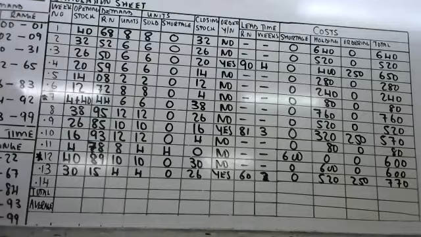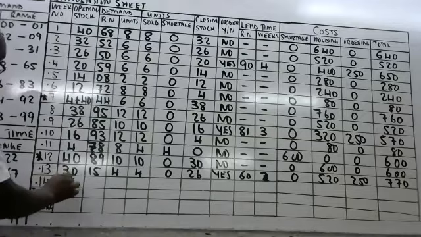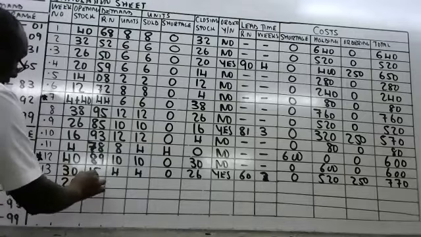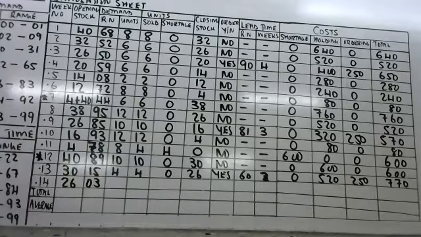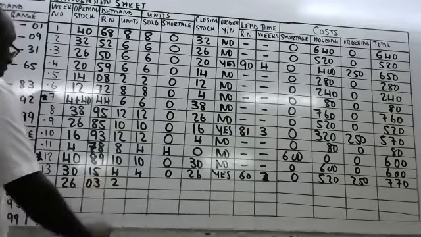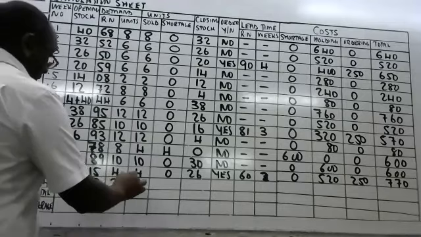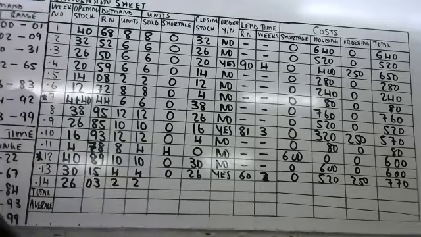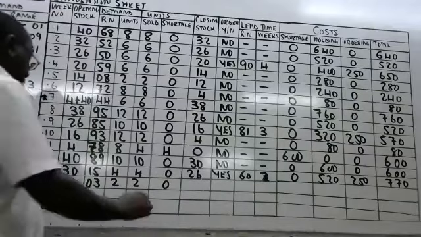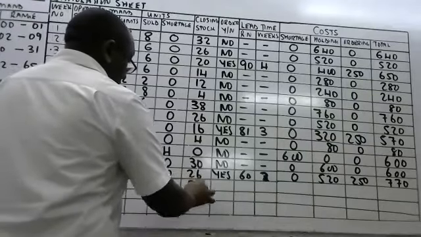Week number 14. Now we open with how many? 26. Random number 03. So 03 is giving us how many units? 2. So we sell how many? 2. Shortage is 0. And the closing is 24.